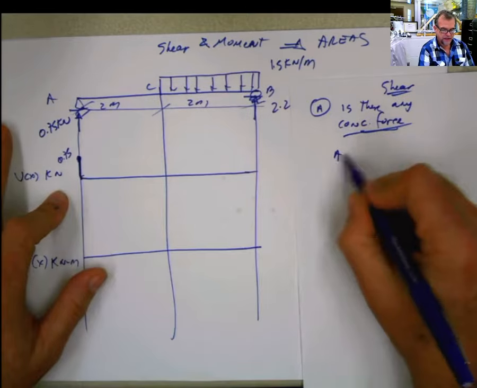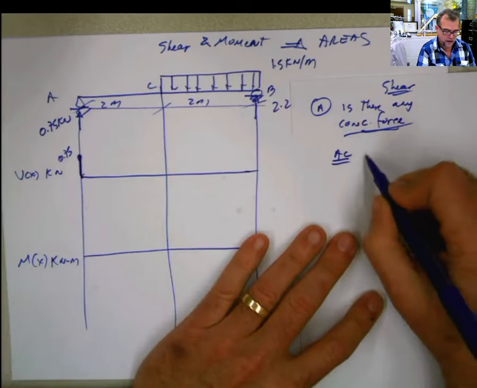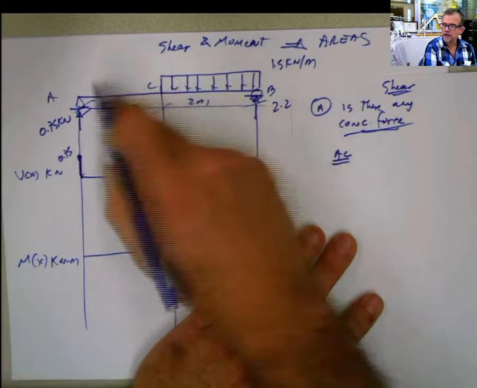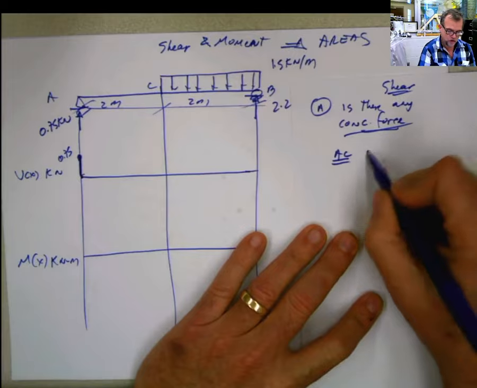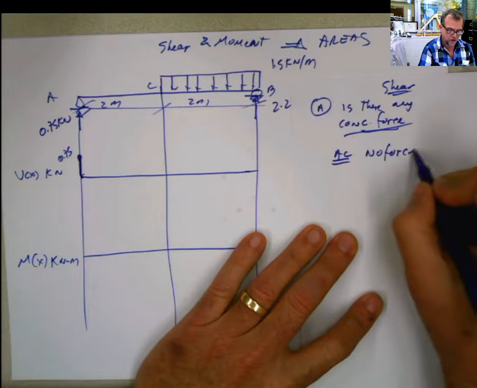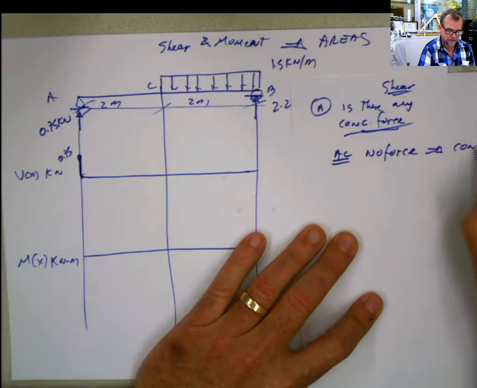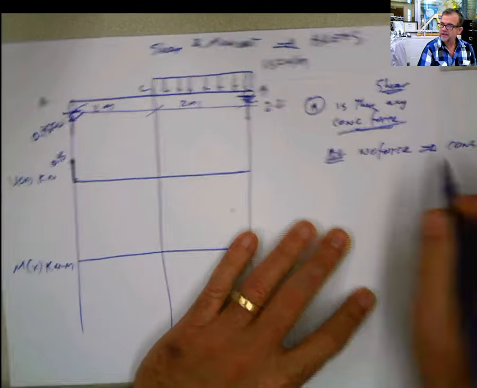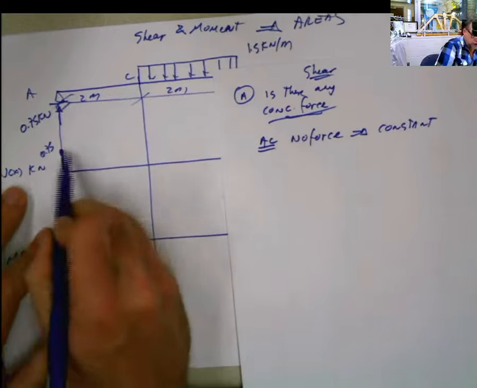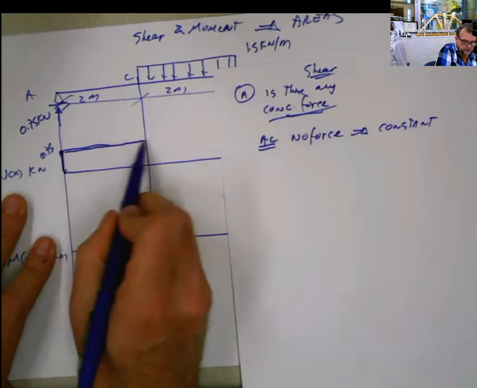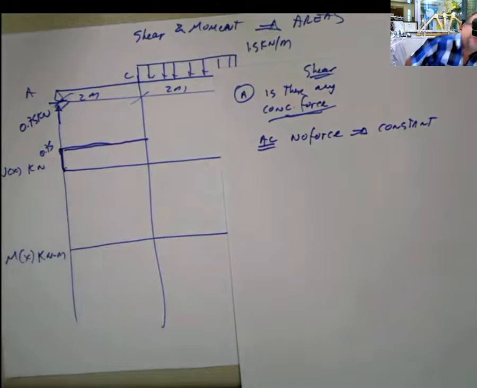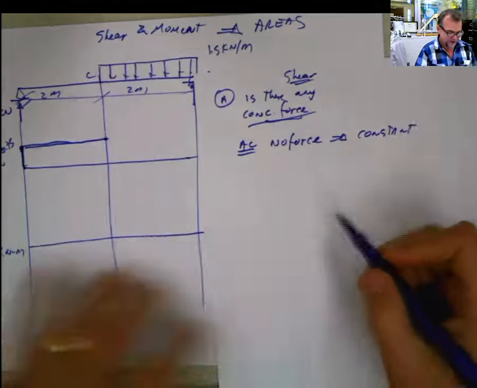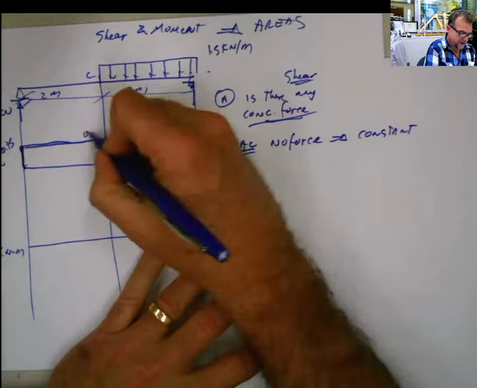Span AC: do you see any vertical force? No force. Constant. That means this value is not changing from here to, oh, the chair came down. Okay, here, constant. That means that value is 0.75.